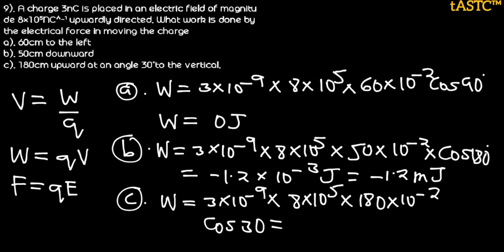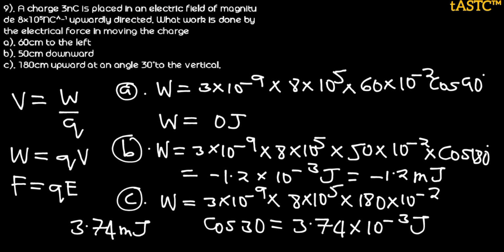So that gives us 3.74 multiplied by 10 to the negative 3. So from here we could say this is 3.74 millijoules. So those are going to be the answers to this question.